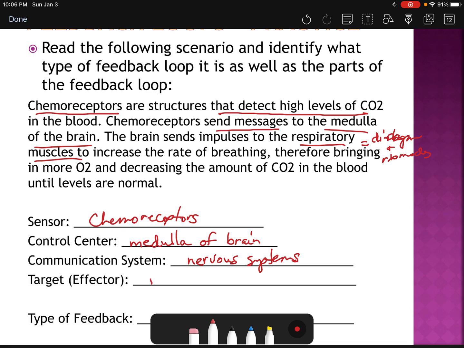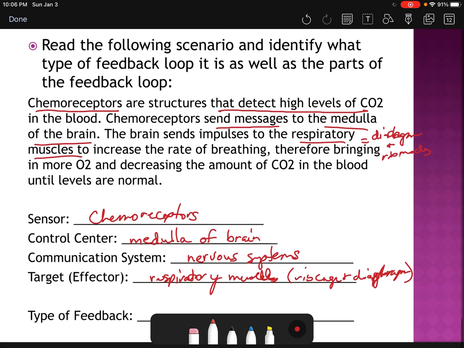That would be those respiratory muscles. Again, I'm not spelling this right at all. Sorry. Rib cage and diaphragm. I'm spelling it diagram, I think. Oh dear. Sorry, guys.